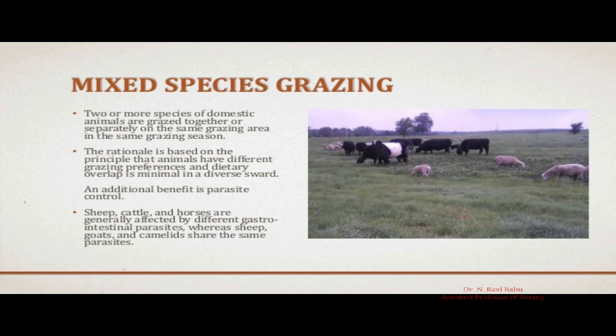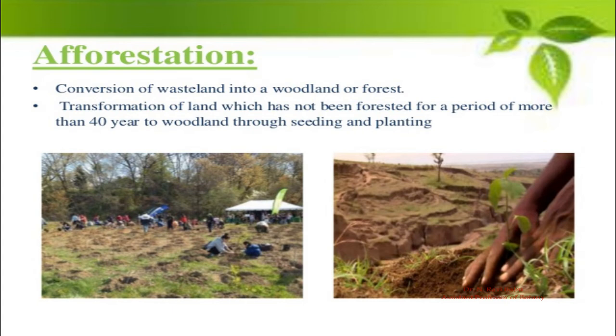Now, afforestation. So, friends, afforestation is nothing but the process of raising plants. Deforestation, similarly, is the removal of greenery. Afforestation is the process, the plantation programs which we take up.